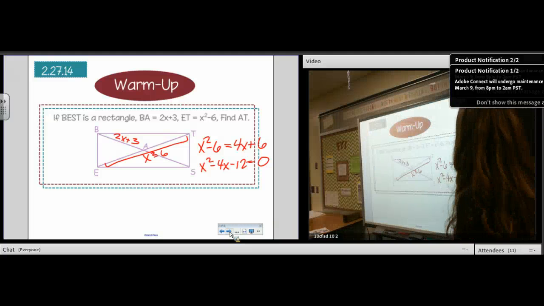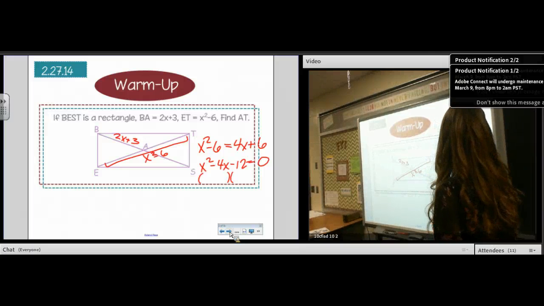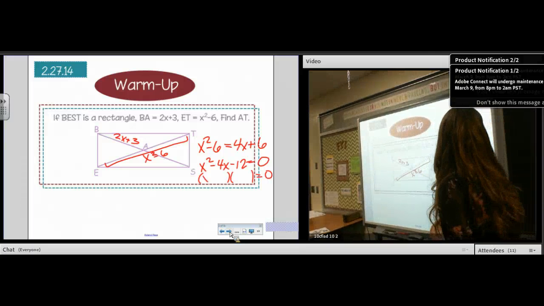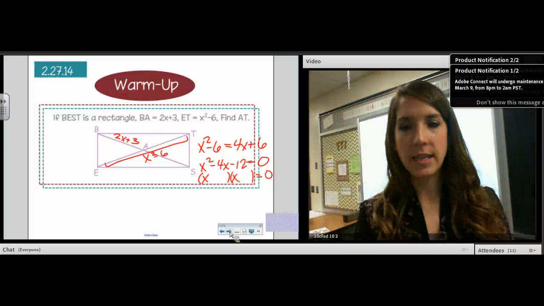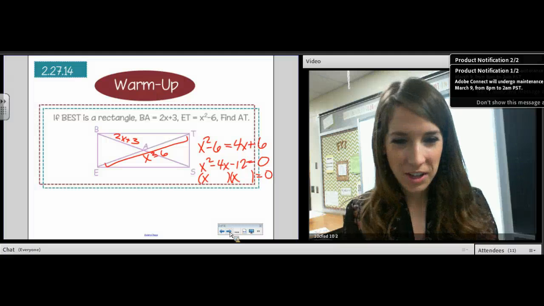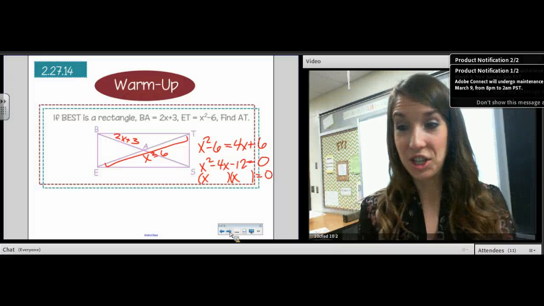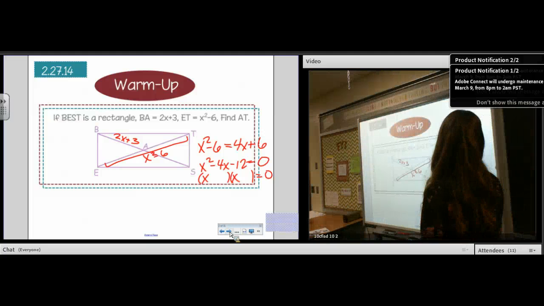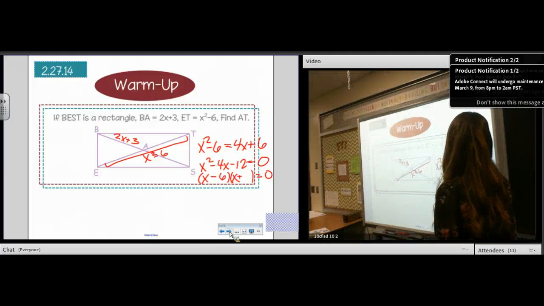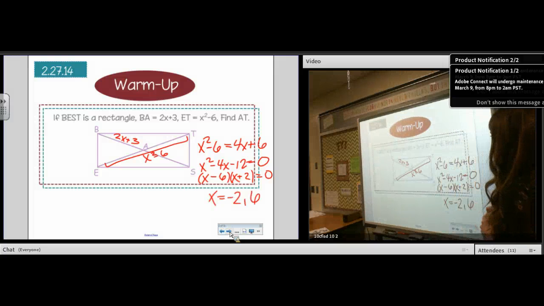We're all getting 15? Things that multiply to get 12 that combine to get 4. Multiples of 12. Let's see, 6 and 2? Yep. 6 and 2. (x minus 6)(x plus 2). So x equals negative 2 and 6.